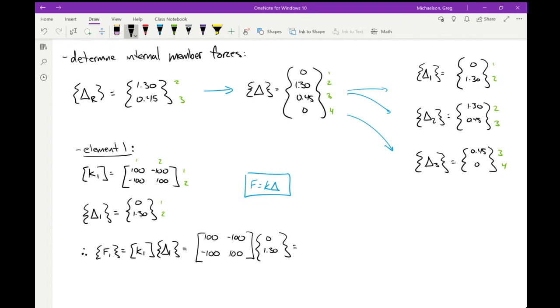But I want to see what you get. Negative 130, 130. That's right. But what does that mean? Let's see what that means.